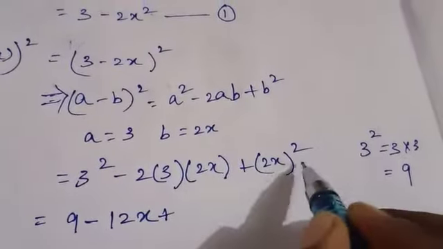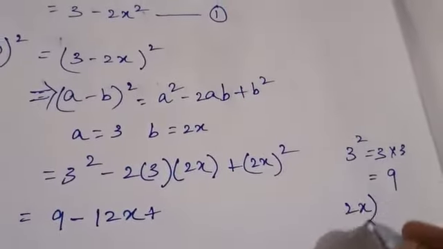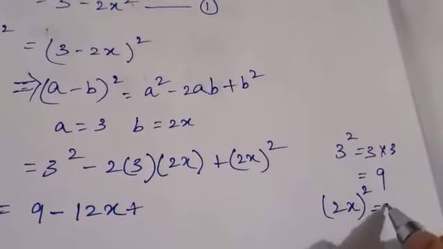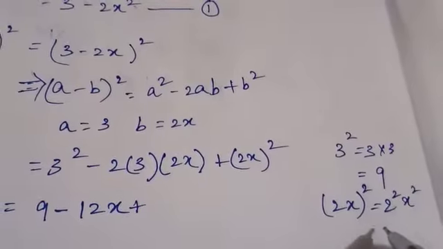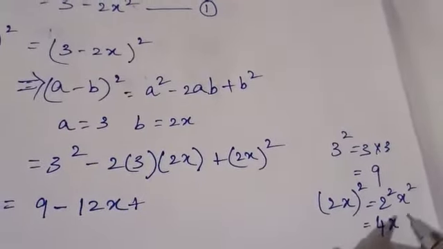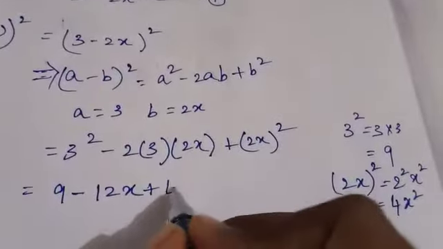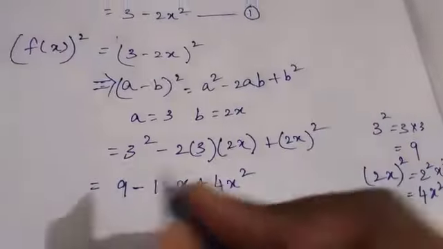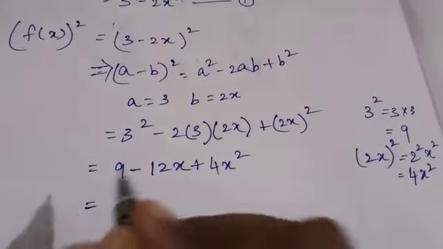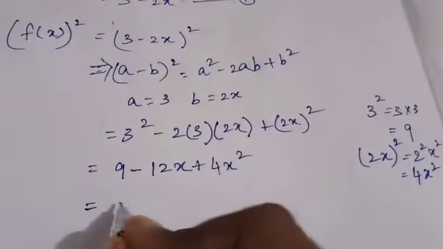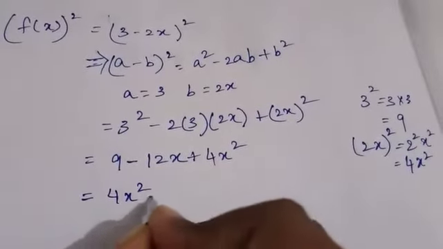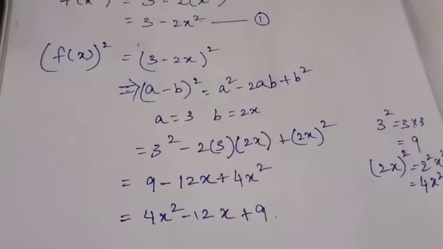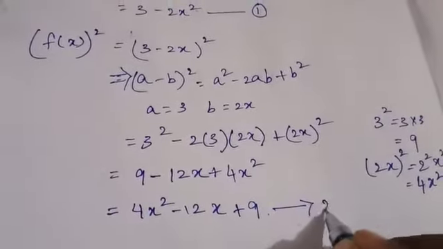Plus 2x the whole square means 2 also has a square and x also has a square. So 2 square is 4, x square. So the answer for this is 4x square. Now I'm going to write it in order. That is 4x square minus 12x plus 9. So this will be our equation number 2.